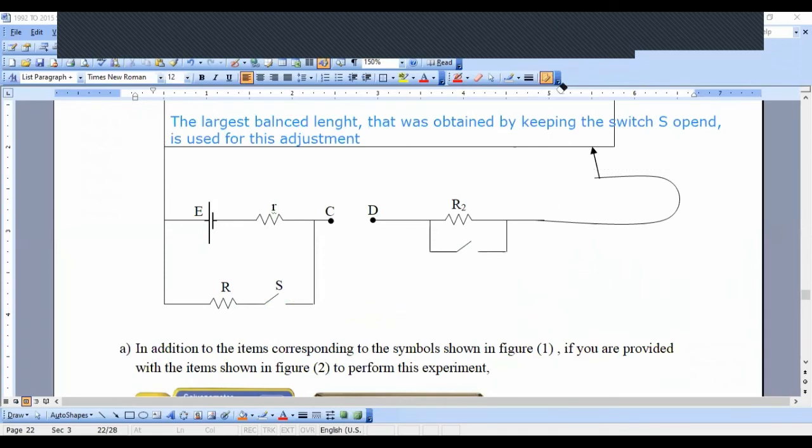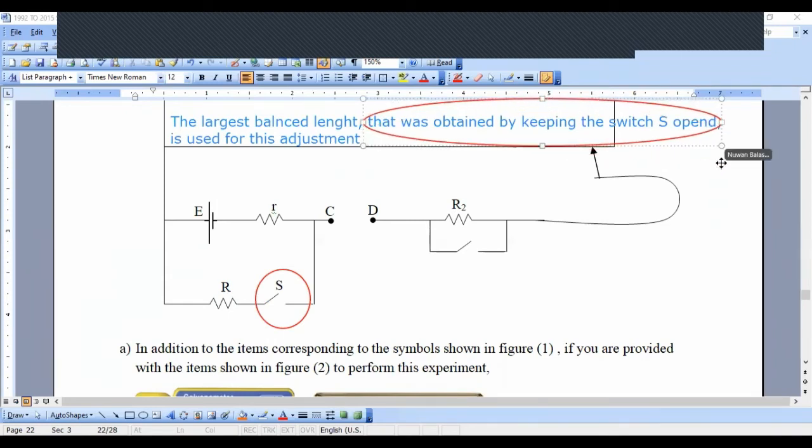Unfortunately, some of the students forgot to specify this switch. They must specify that the largest balance length was obtained by keeping the switch S open. They forgot to write it, so no marks were given.